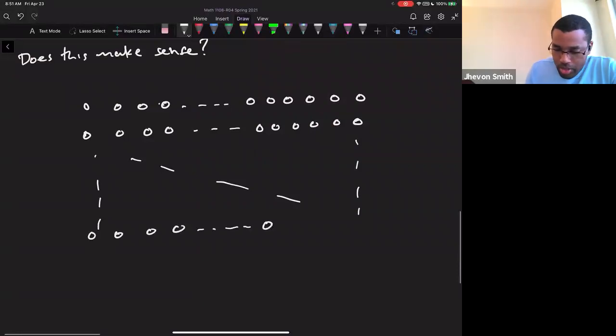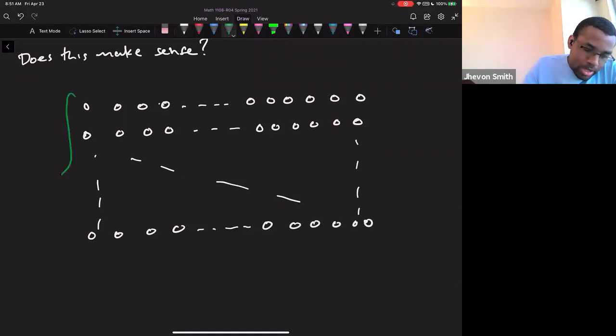So all these little circles are people in your population, right? So this is the population of 10,000 people.